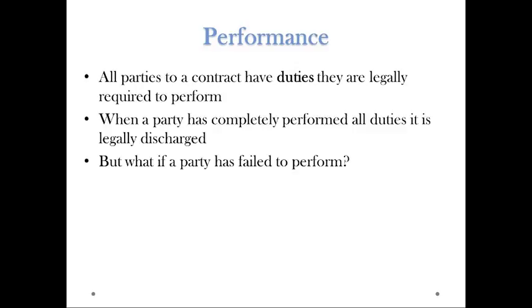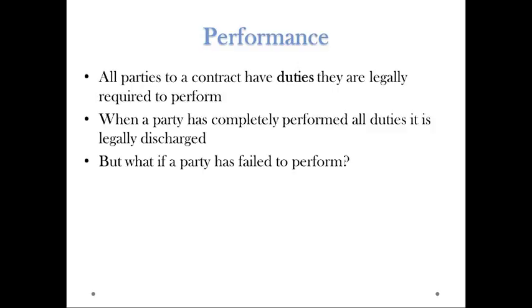So when the parties have not yet completely performed their duties, there's a couple of different scenarios. One is they just haven't finished performing their duties. They're not in breach. The time hasn't really passed yet for performance. They still have time. The deadlines haven't passed.